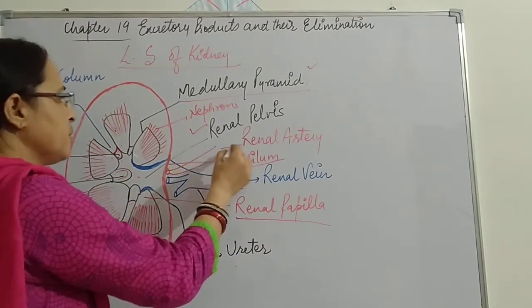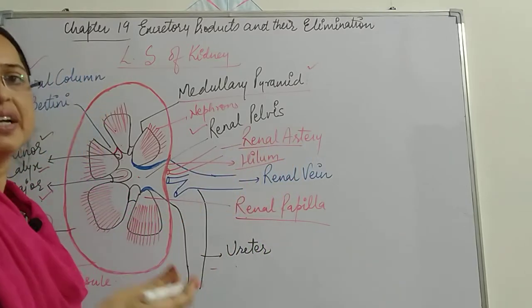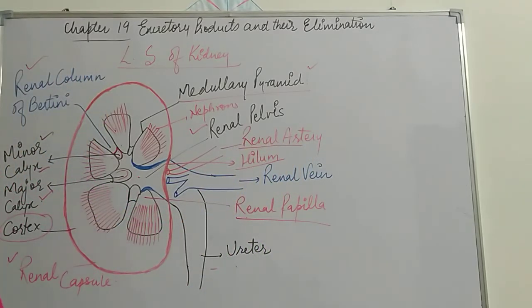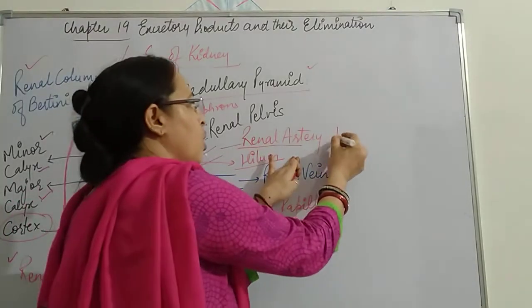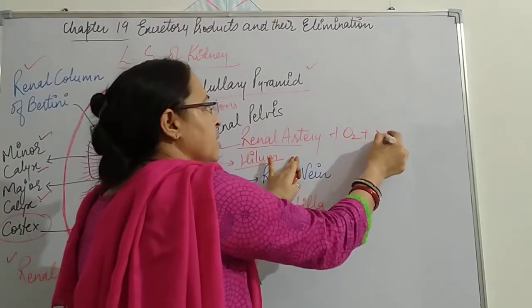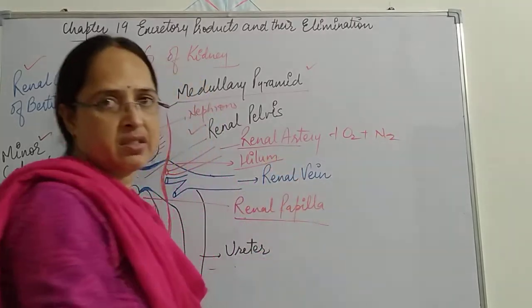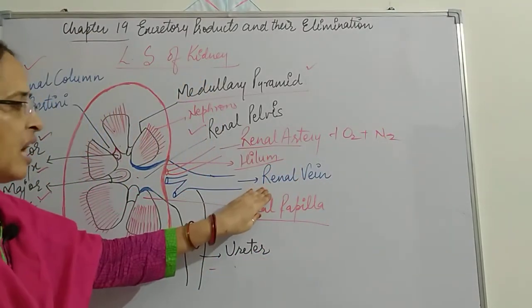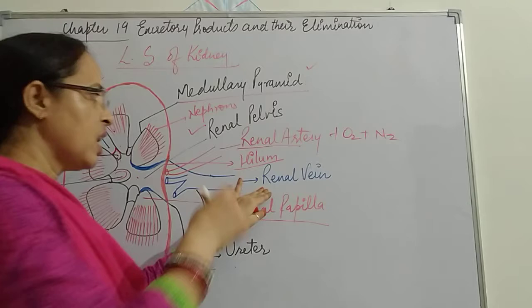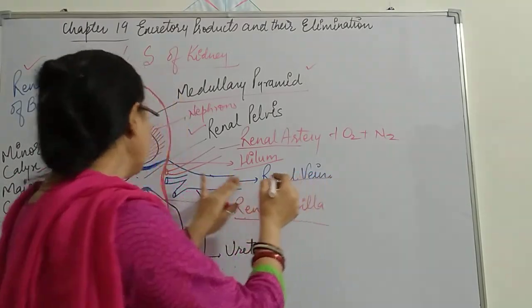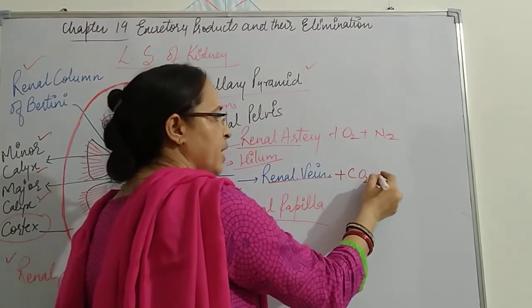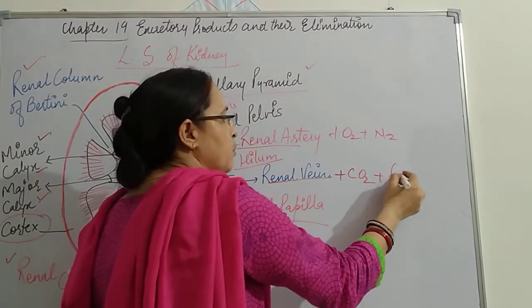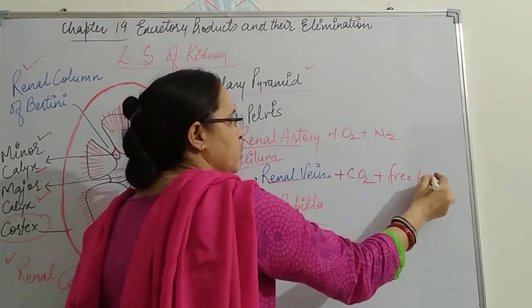Here is the renal artery through which blood enters inside the kidney, and this renal artery is bringing oxygen plus nitrogenous waste. And after filtration, the blood goes out into the renal vein, and the renal vein is rich in carbon dioxide but free from nitrogen waste.